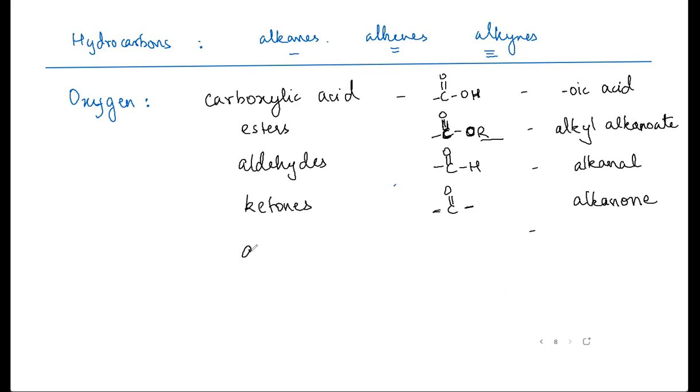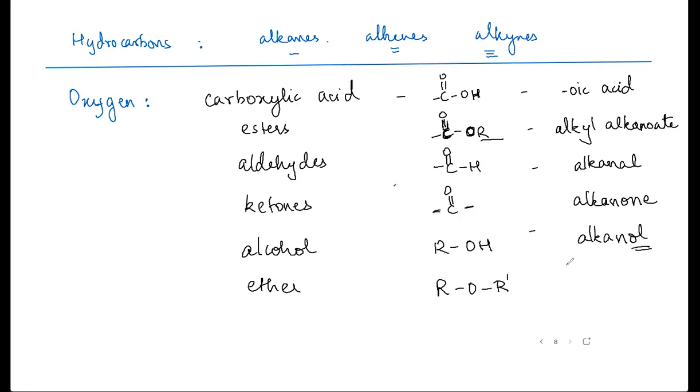Right? Apart from this, what else have you guys got? Alcohols and ethers. Alcohol is pretty straightforward. Alkyl group connected to OH. The name is alkanol, OL. And ether is, instead of hydrogen, you are connected to another alkyl group. So ether's naming depends on what groups are attached here.